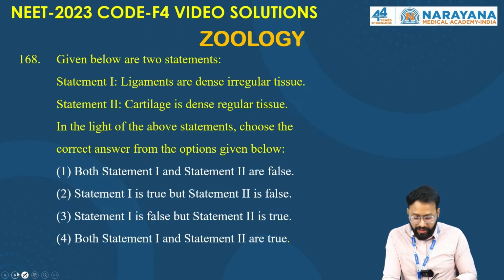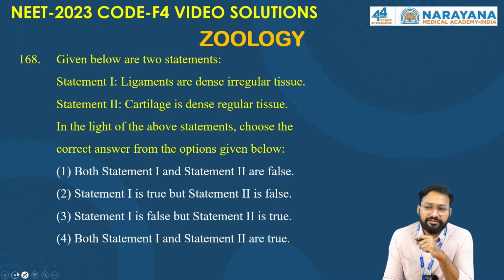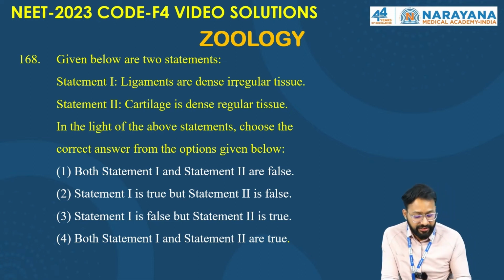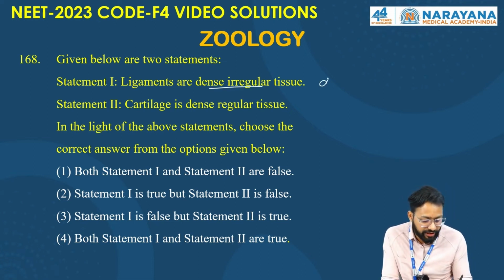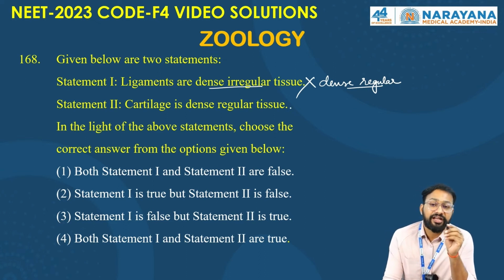Okay. Question number 168. Again, here there are two statements. Statement 1: Ligaments are dense irregular tissue. Ligaments come under dense regular tissue. So the statement is wrong. Cartilage is a dense regular tissue.